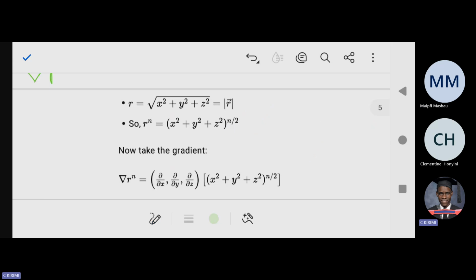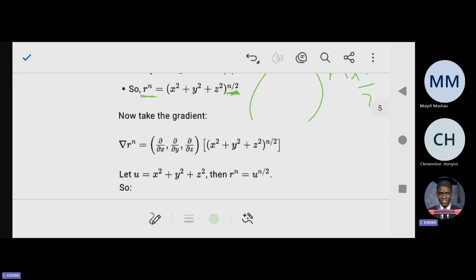Then you do the same thing that we were doing. Now you don't want the gradient of r. You want the gradient of r to the power n. Which means you do the same partial derivatives of what? Of r to the power what? n. But before you make it r to the power n, since we are going to have many variables, which is n and x, you need to let u, so that it's easy to differentiate.